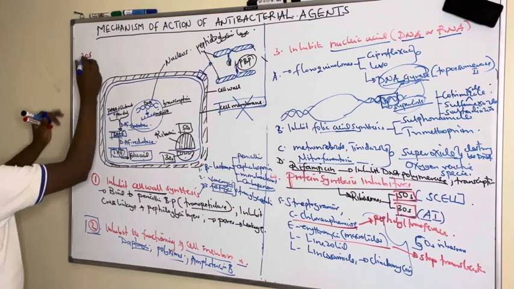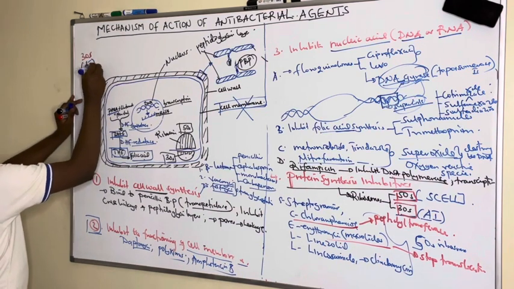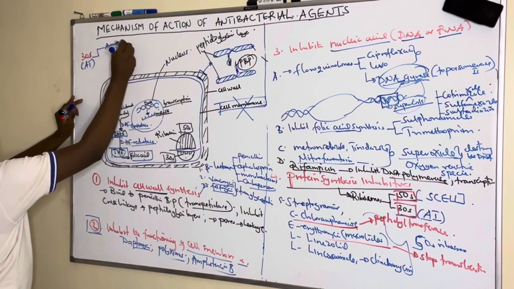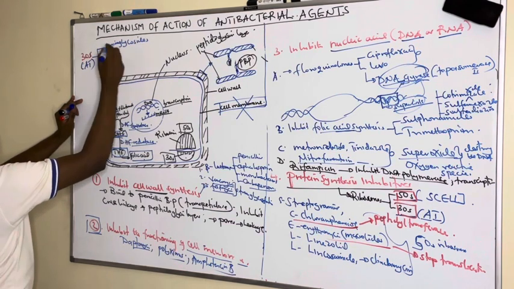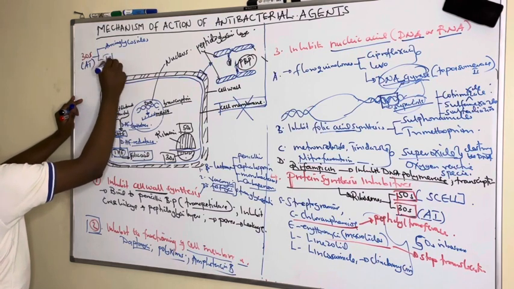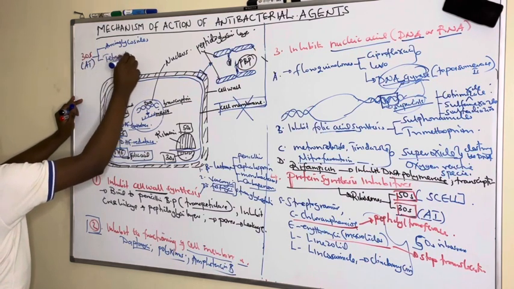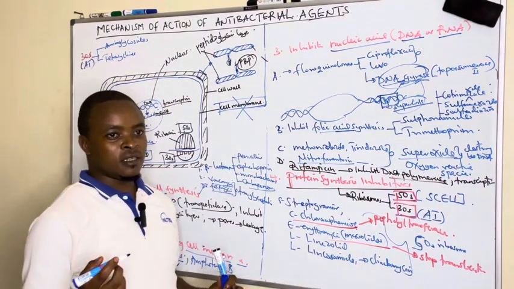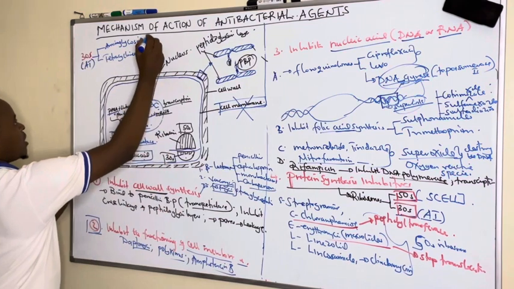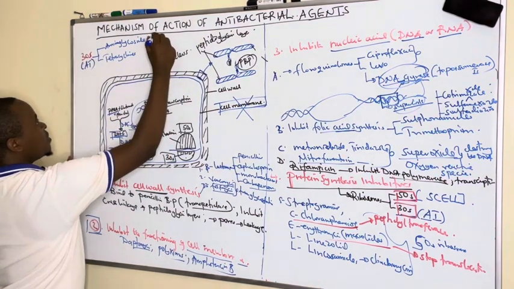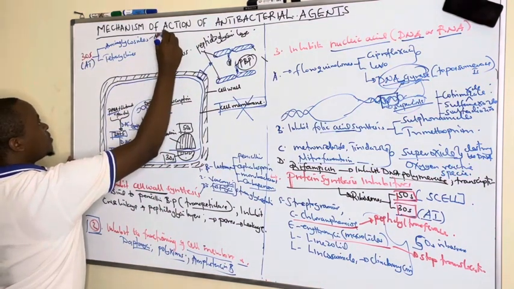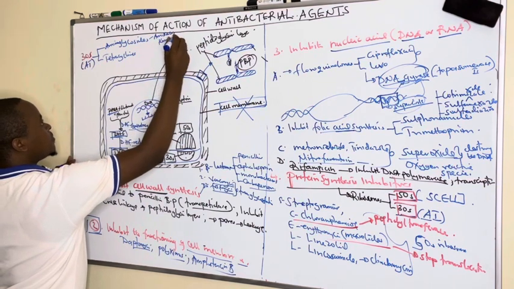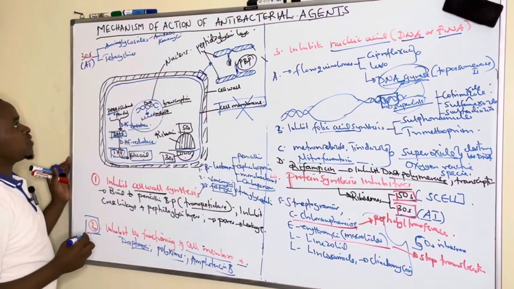We have said the abbreviation is AT, which means aminoglycosides and tetracyclines, whereby under tetracyclines we have tetracycline and doxycycline being part of this, and under aminoglycosides we have amikacin and kanamycin being part of the aminoglycosides.